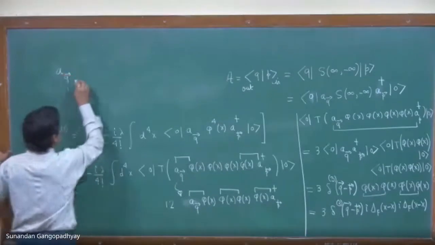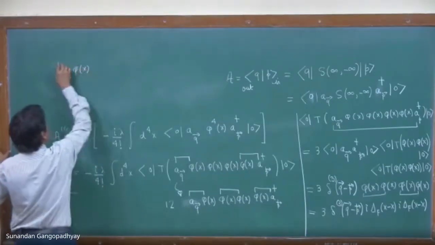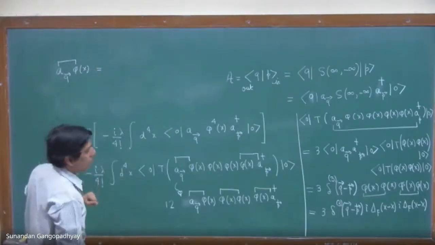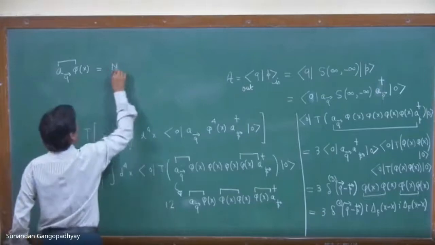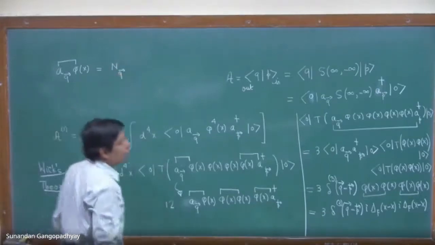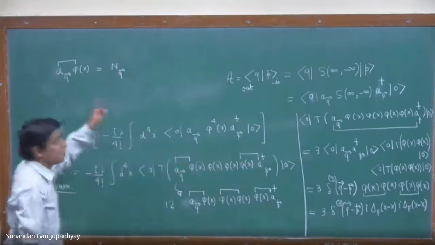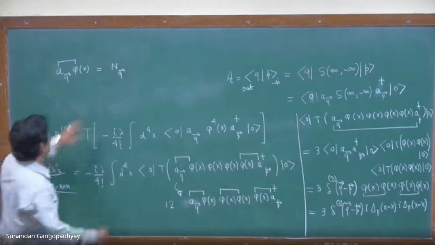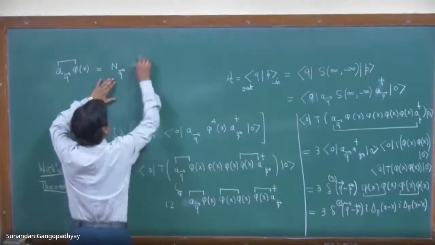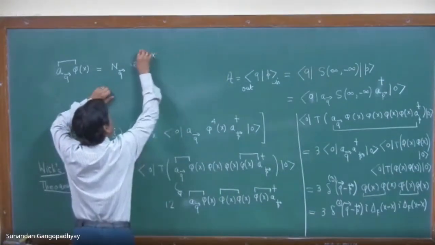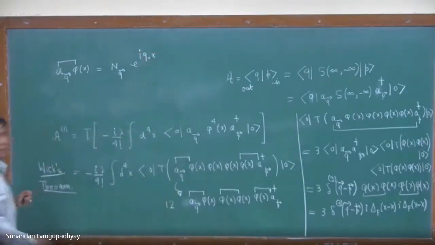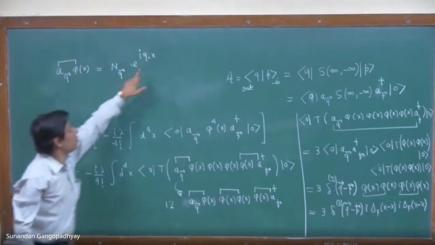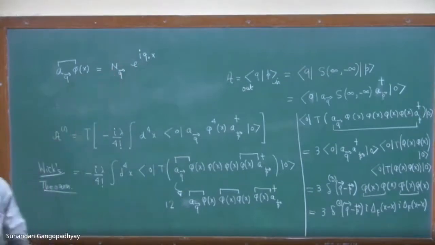A Q with phi of x contraction is nothing but a vacuum expectation value, and this will give us N Q, where N Q is again the normalization factor that I discussed just now. This will give you N Q e to the power of i Q dot x. Instead of minus i, now you will get a plus i, because a dagger from here contributes, and that actually brings the plus i Q dot x on top of the exponential.